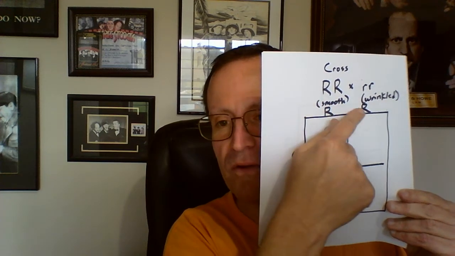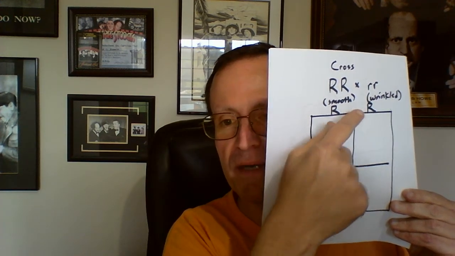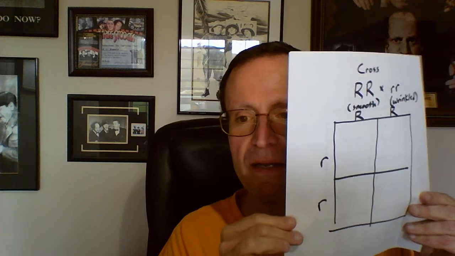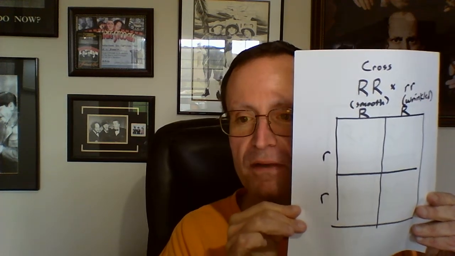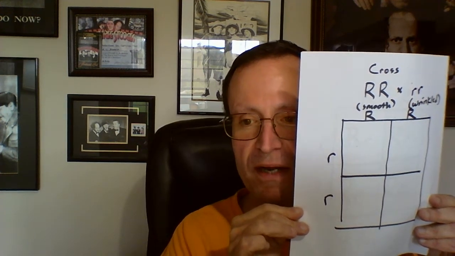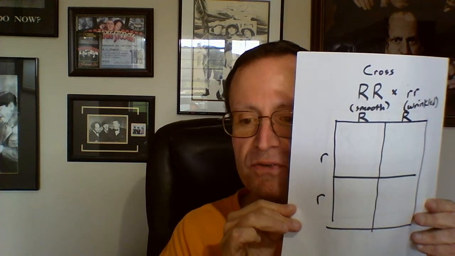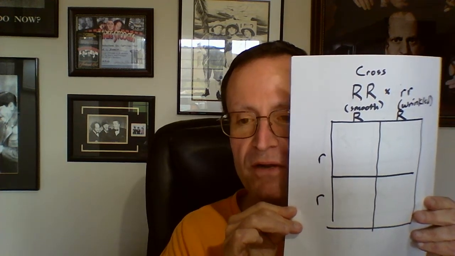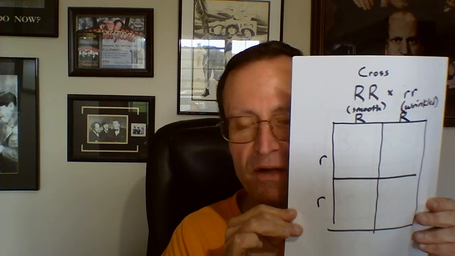It doesn't matter which way you write it, as long as you write it either above each box or beside each box. In this case, I chose to write the more dominant trait on top, the recessive trait on the side. It doesn't matter. Okay?